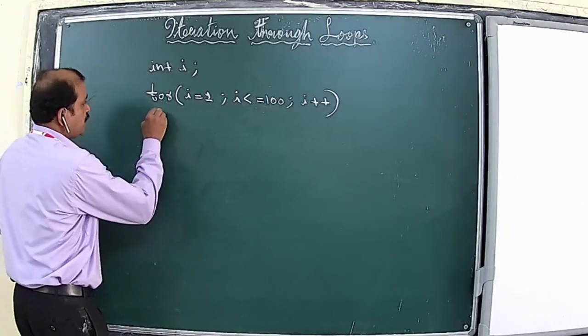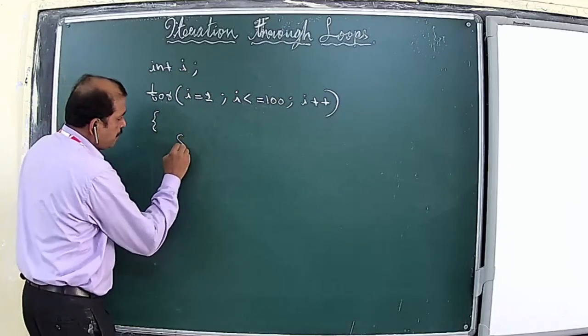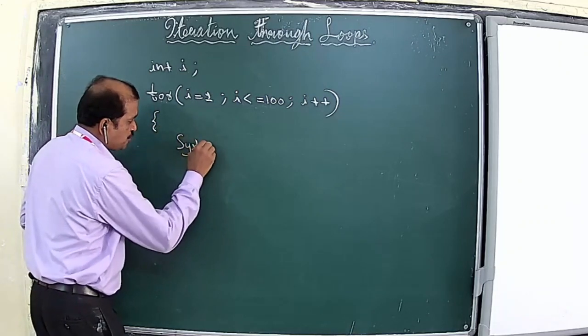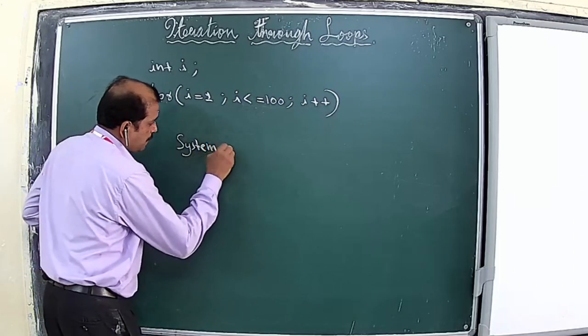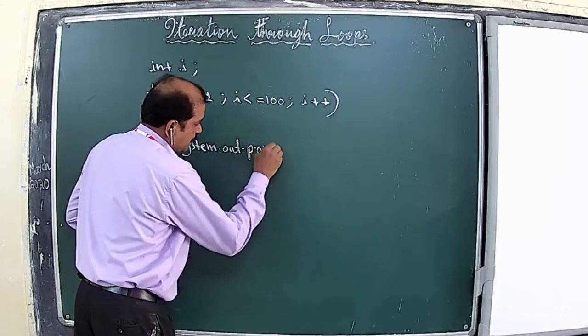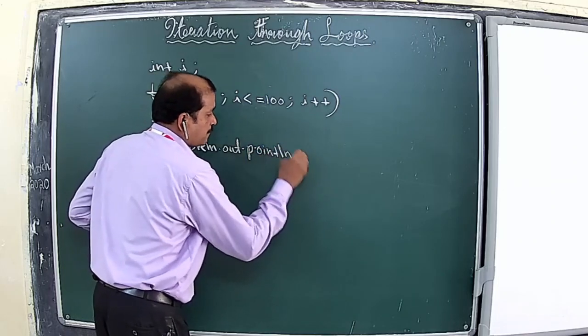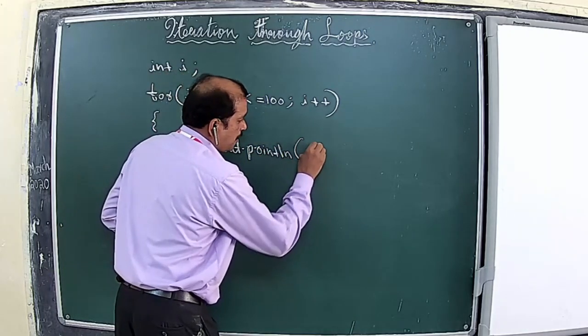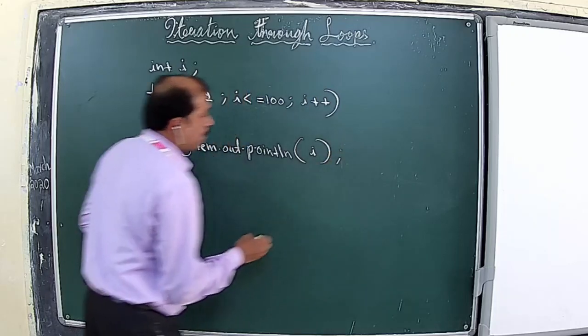And as part of the loop body, we will create the printing statement, the output statement, System.out.println, and the value of I will be printed.